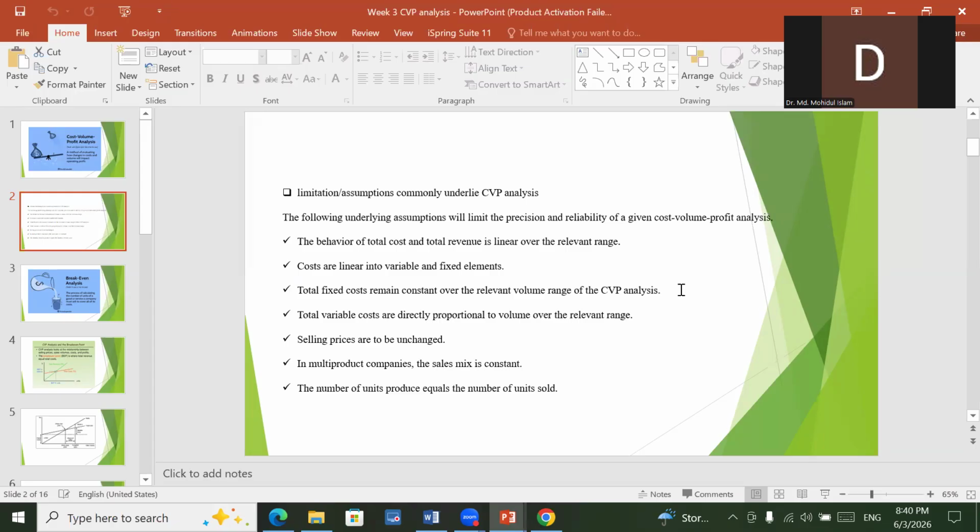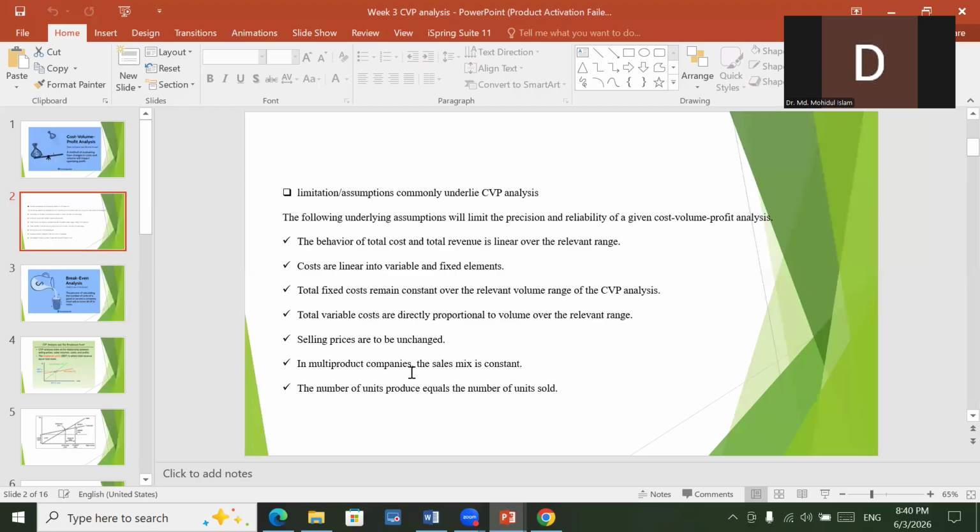And another criteria, total variable costs are directly proportionate to the volume over the relevant range. That means total variable costs are changeable on the basis of a proportion. That is also linear. Selling price has to be unchanged. Selling price considered here is unchanged.